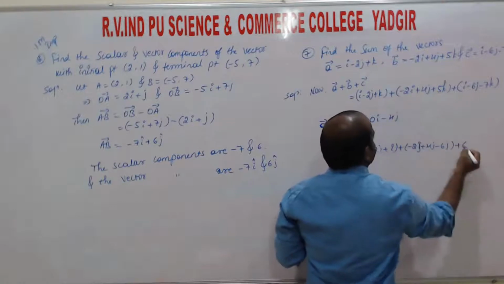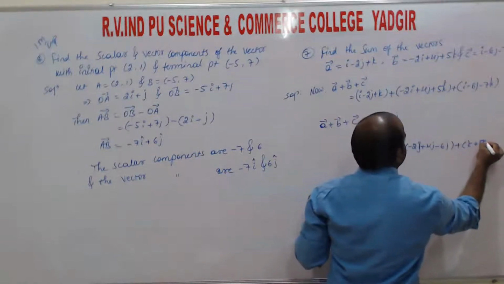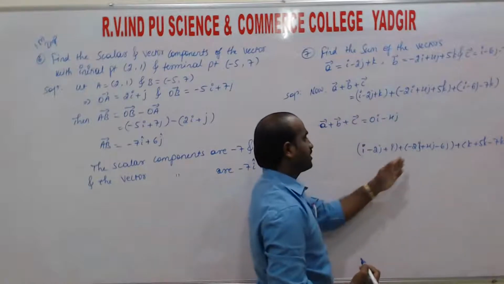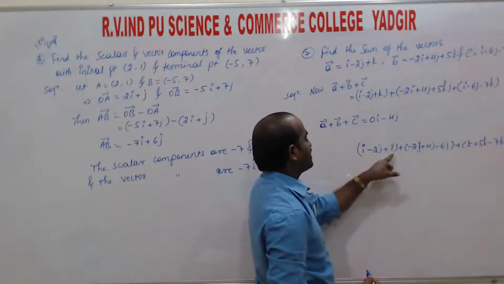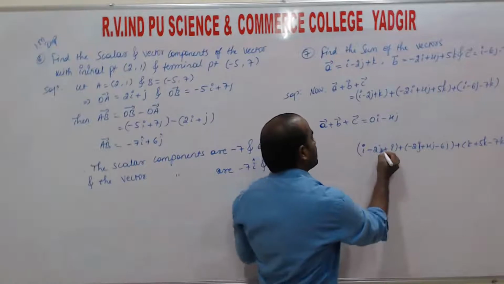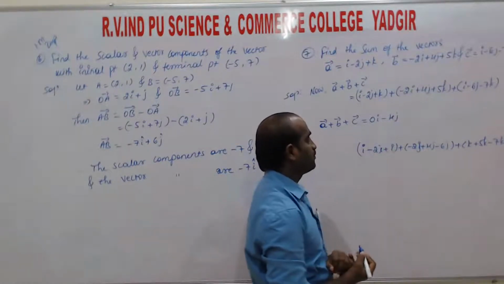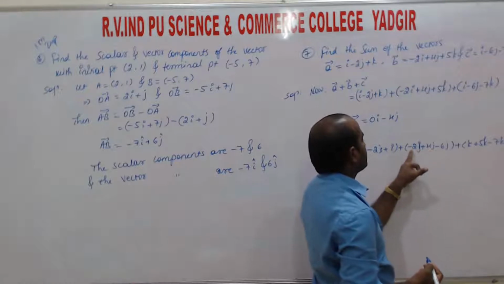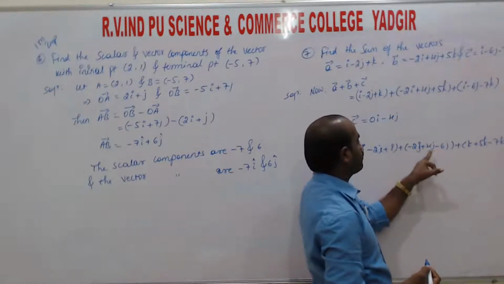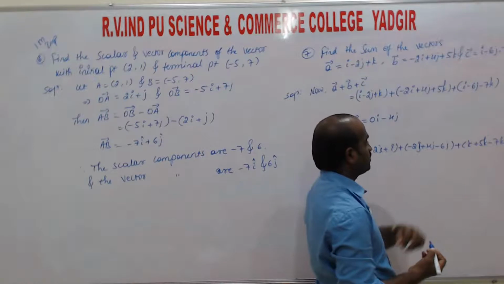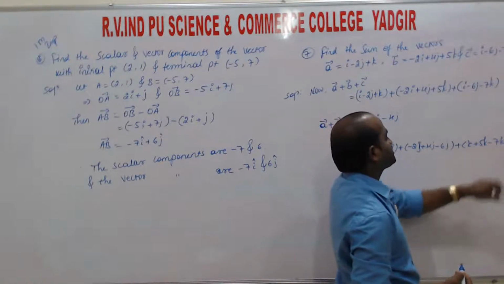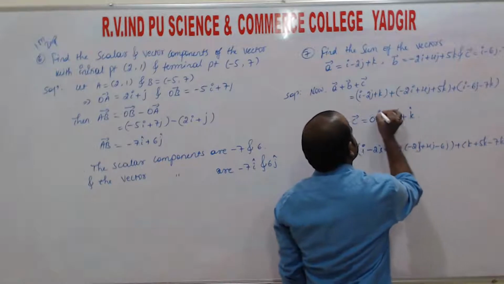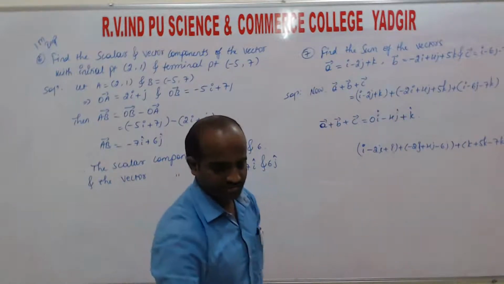Directly add k terms: k plus 5k minus 7k, which is minus k. So the i terms: i plus i is 2i, minus 2i gives 0. Next, minus 2j plus 4j is 2j, minus 6j is minus 4j. And the k terms: 6k minus 7k is minus k. This is the answer, the sum of the vectors.